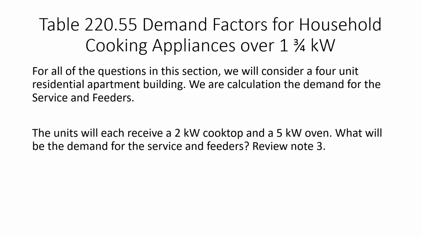And then when you get those 2 figures, you've got to add them together. Remember, it's 4 units, and each unit has a 2 kilowatt cooktop and a 5 kilowatt oven, and I want to know what will be the demand for the service and the feeders. So with that in mind, hit the pause button and come back and do the calculation. Come back and see how you did.